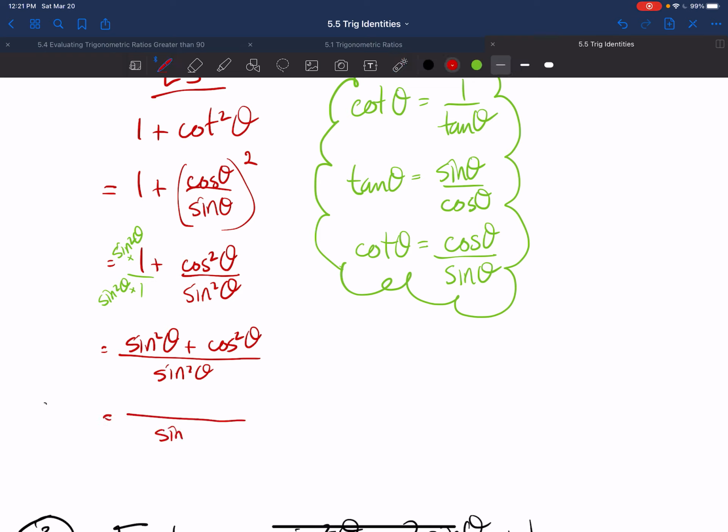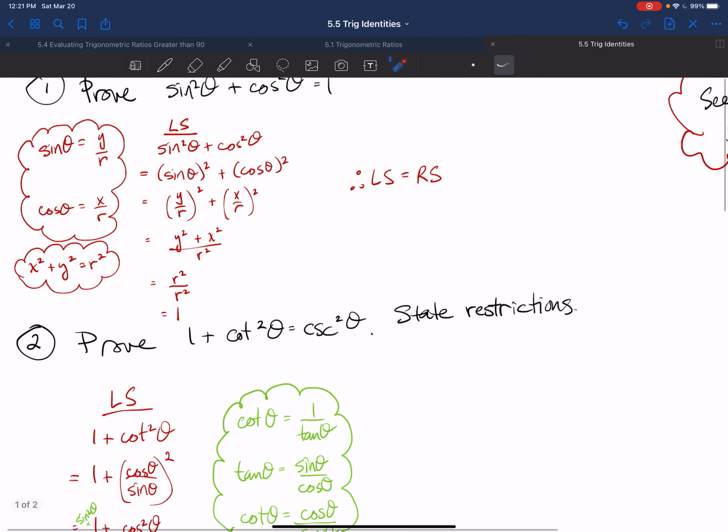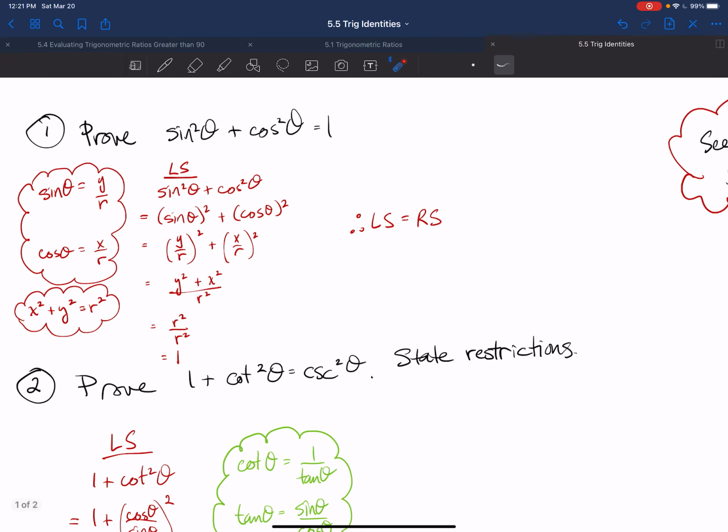Okay, so now if I look at my identities, I see that there's one called the Pythagorean identity. Sine squared theta plus cos squared theta is equal to 1. And that's also what we proved in example 1. So that's an identity that I can use.